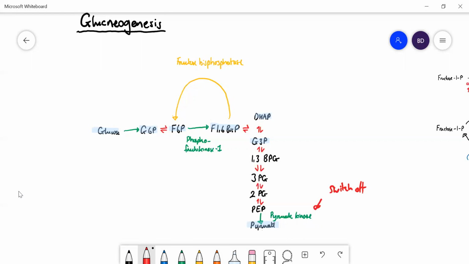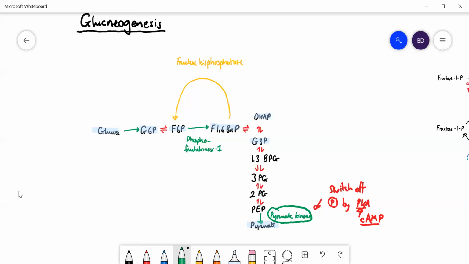Now the way that's switched off is that the enzyme is phosphorylated by protein kinase A. And if you remember, protein kinase A is inactive unless you get cyclic AMP in the cytosol, and binding of glucagon to its receptor leads to the production of cyclic AMP. That's called a second messenger. That will switch on protein kinase A, which sticks a phosphate onto pyruvate kinase, the enzyme, and that enzyme is then inactive. So that's good, you stopped glycolysis.